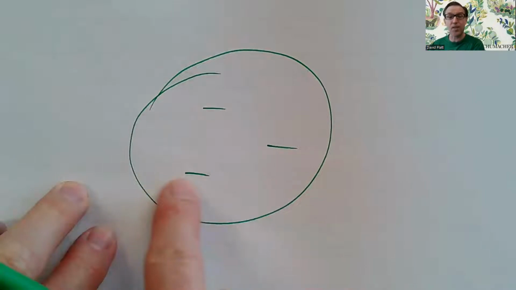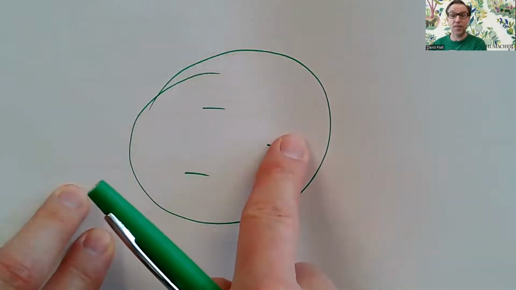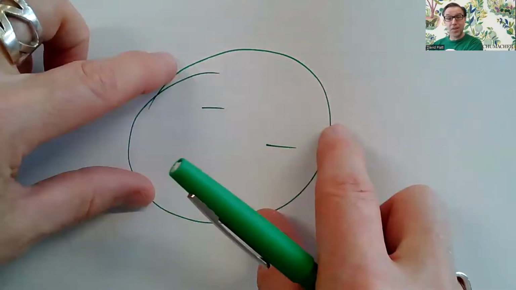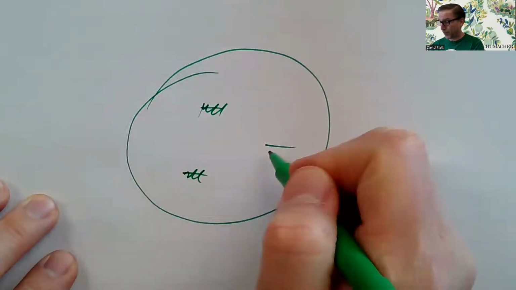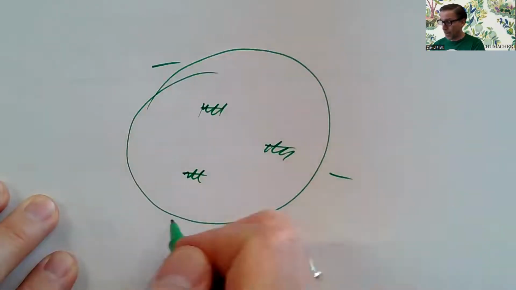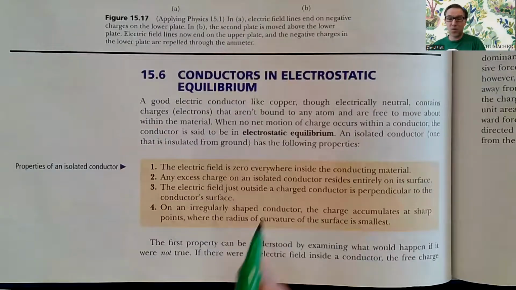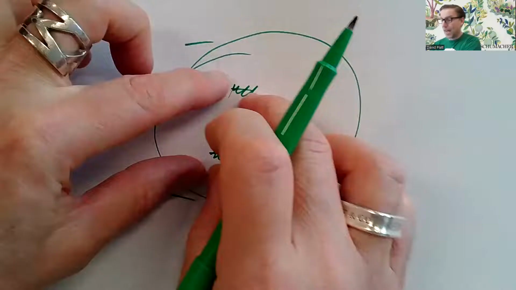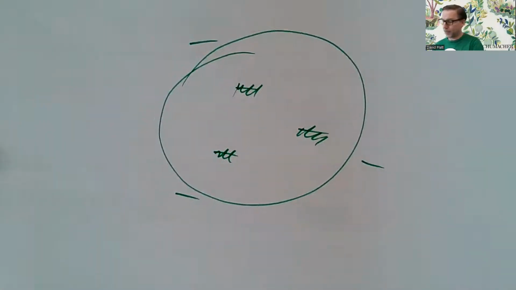Because if they do, they're all the same and they repel each other, and they will move until they're spread out. Well, while they're moving, we're not electrostatic. But once they get moved out here and they reside on the outer surface, then we're static.